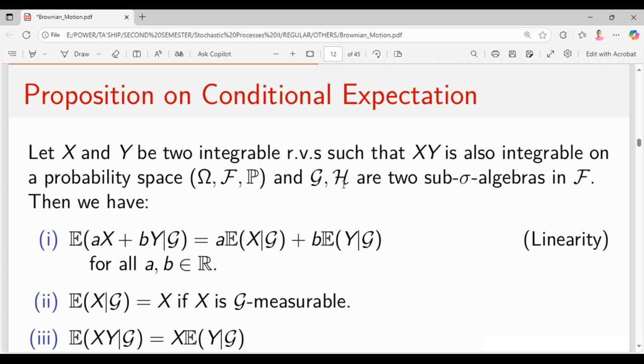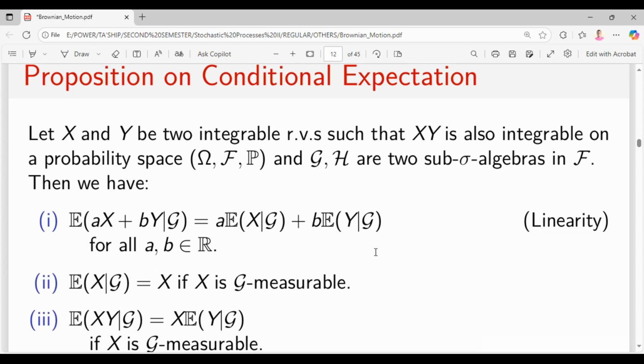And we are going to take G and H to be two sub-sigma algebras in F. Then we have this: if A and B are constant real numbers, the expected value of AX plus BY given the sigma algebra should be equal to A times the expected value of X given G plus B times the expected value of Y given G. This is the linearity property of conditional expectation, don't forget.